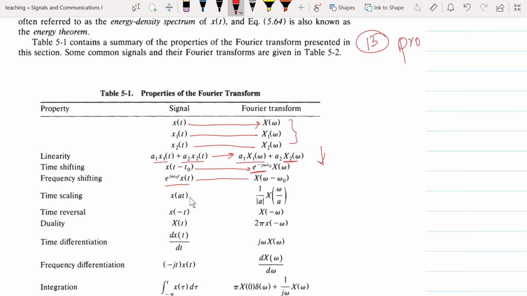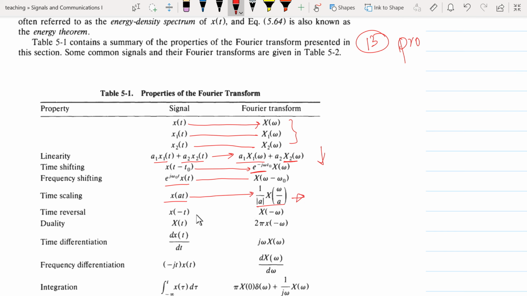Then the scaling property talked about the concept of expanding your signal in the time domain. It is equivalent to compressing its spectrum in the frequency domain. Or rather, if you expand your signal, then you compress, and if you compress, you expand the spectral components of your signal in the frequency domain.